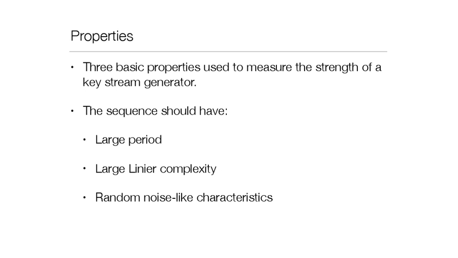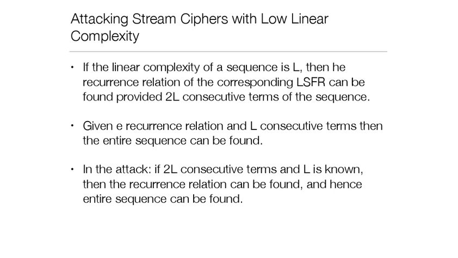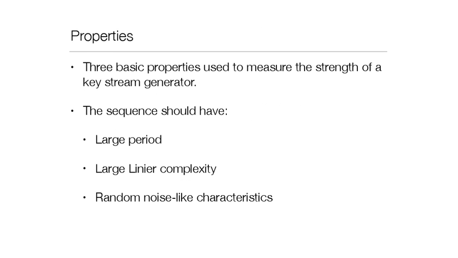And also, there are three properties that we use to measure the strength of a key stream generated from a stream cipher. A large period should be there, and larger linear complexity should be there, and we discussed those things.